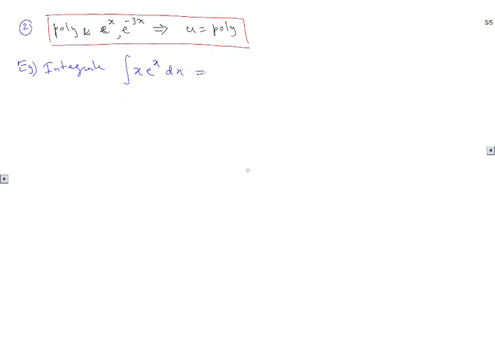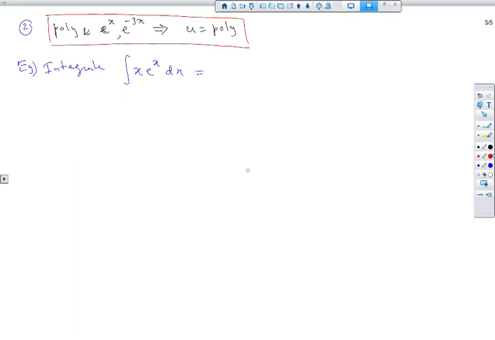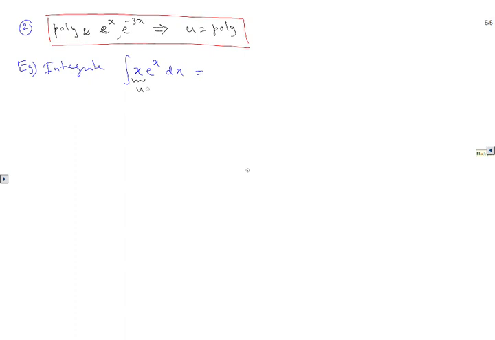According to this argument, what we're trying to do is pick the polynomial part as u, and the rest as dv. So that means we have u equal x, dv equal e^x dx. If you take the derivative, du equals dx.